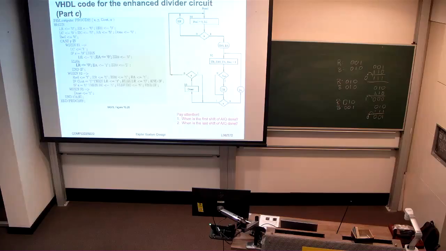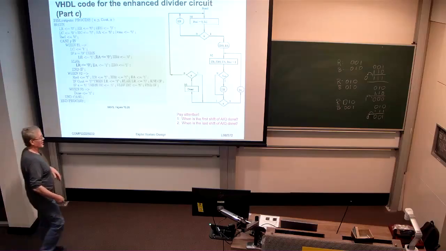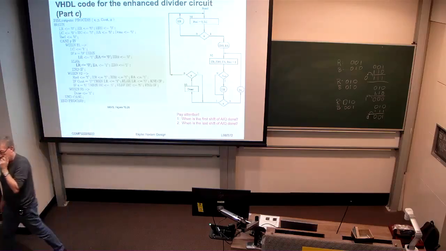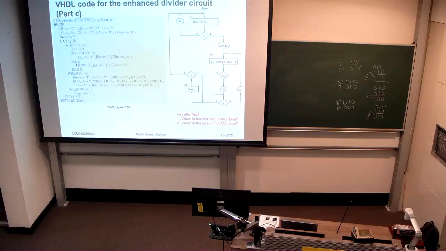If we're off by one clock cycle, the division isn't going to be right. So in this particular case, when is the last shift of the AQ register done? I'll come back to remind you about this in a moment.